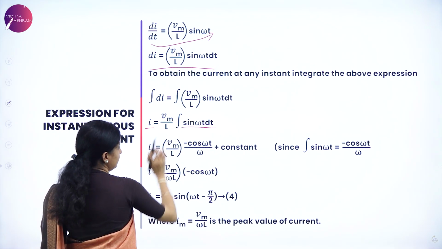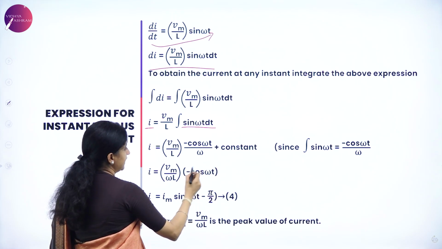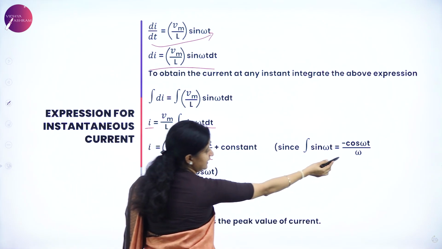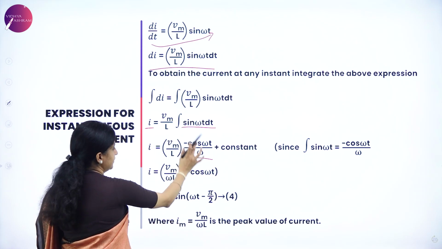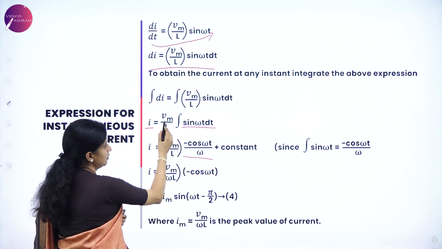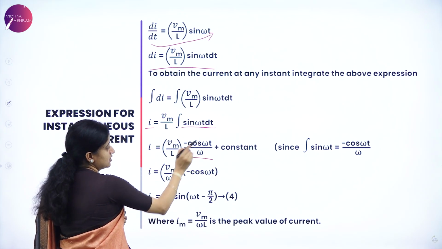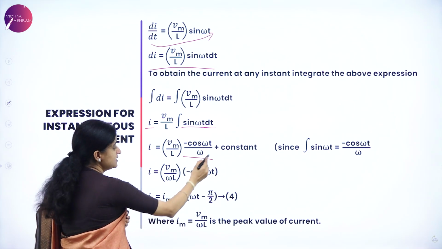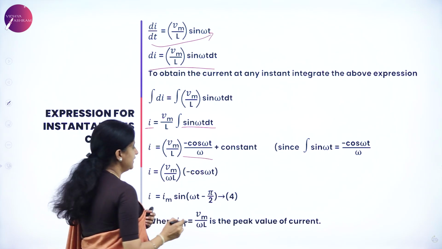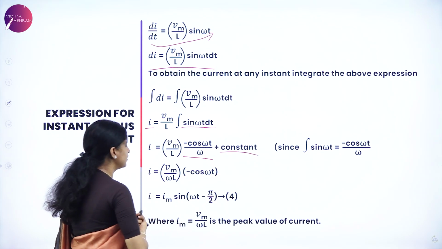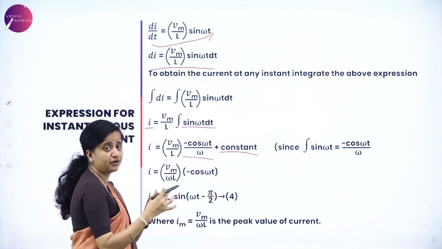When you integrate sin omega t dt, we get minus cos omega t divided by omega. Substituting that in the above equation, we get I is equal to Vm by L into minus cos omega t by omega plus a constant. It can be proved that the value of the constant will be equal to 0 over a period of time.